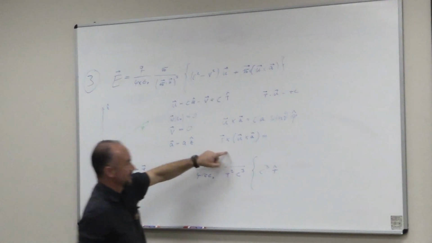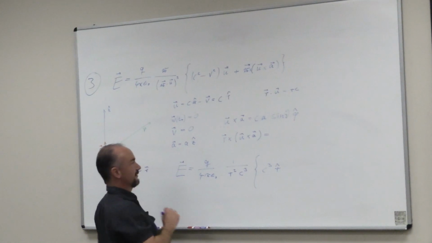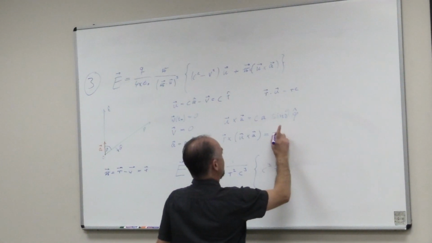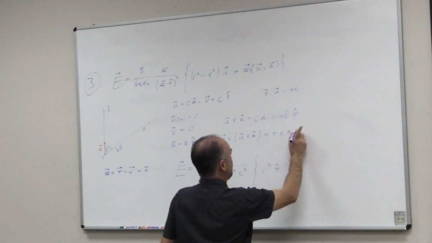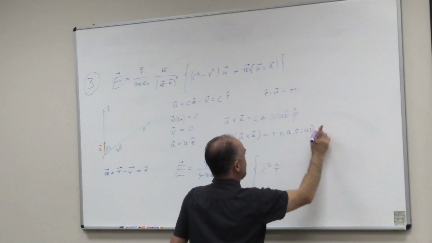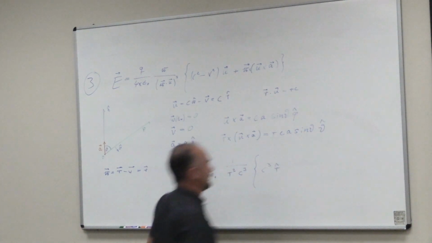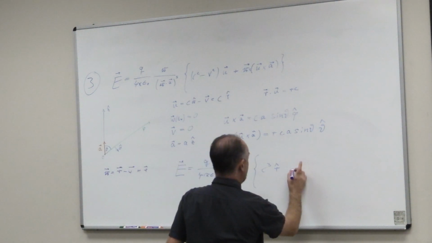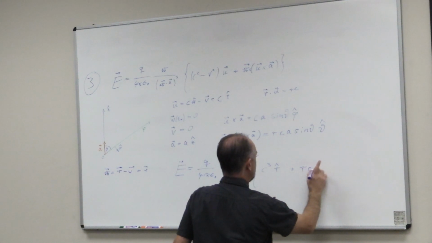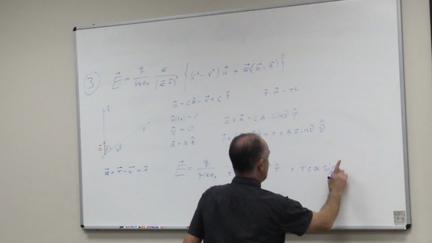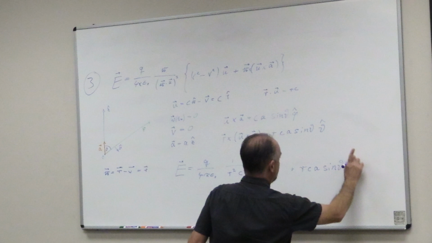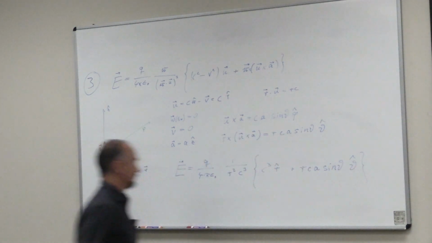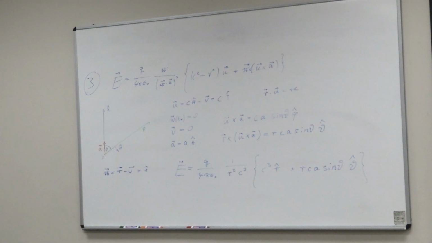And they're already perpendicular, so there's no more sine theta term there. So it's just r c a sine theta, and then it goes in the negative theta direction. Okay. And that's what we have here. Plus r c a sine theta in the theta direction. So that is our electric field.